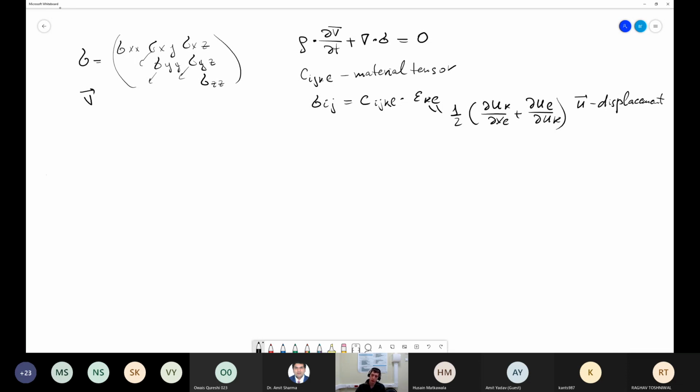If we are dealing with the isotropic material, a lot of parameters C_ijkl are equal to 0, and we can write that sigma ij is equal to lambda multiplied by the Kronecker delta epsilon mm plus 2 mu epsilon ij.